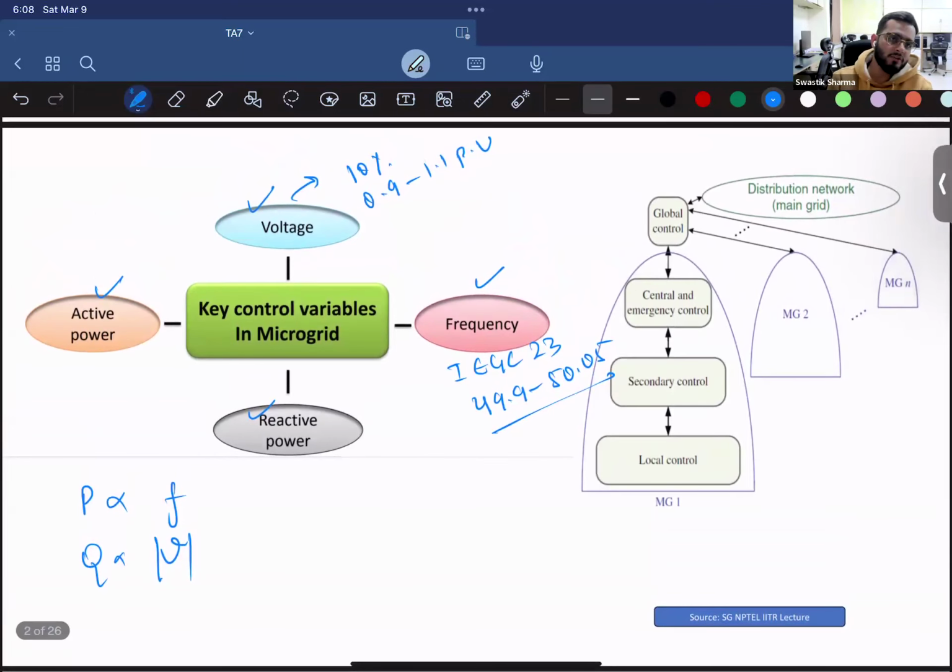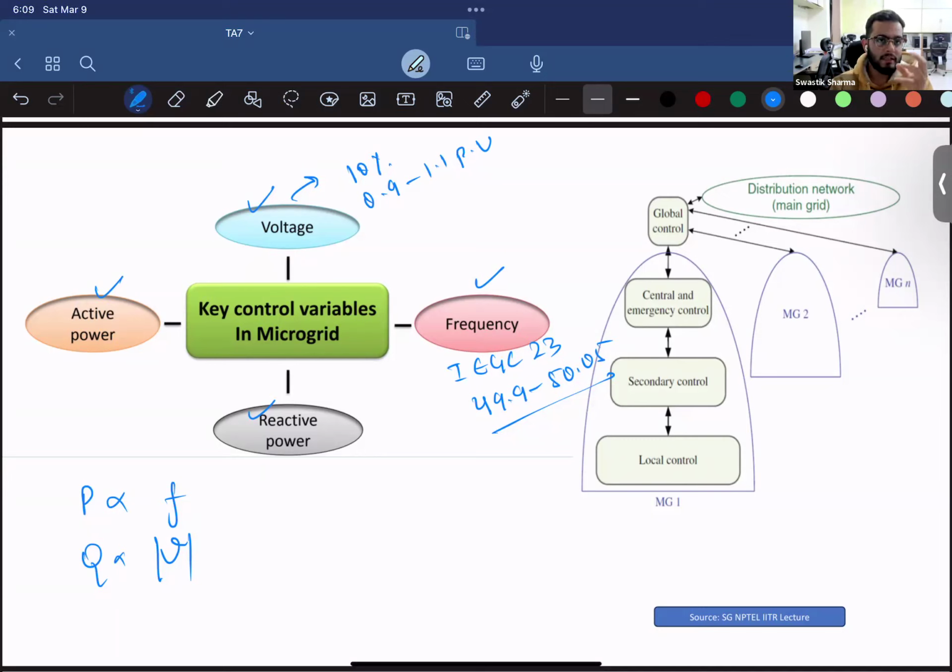Now, why do we want control? We can't let microgrids function as standalone grids. We need to know if a microgrid has converted from grid connected mode to islanded mode, and we checked how to detect that. But now we are focusing on a deeper concept, which is control over these microgrids.